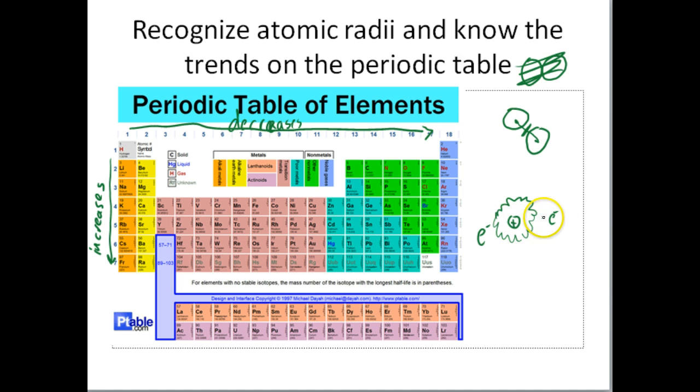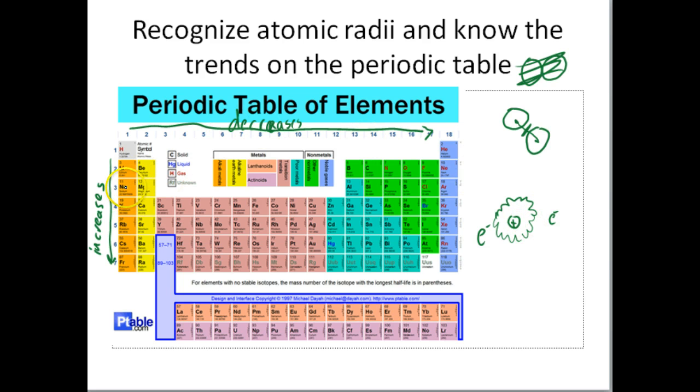So what's happening as you go across any given period is that each atom is gaining more of a positive charge. The positive charge in the nucleus is getting stronger, but you're not getting any more non-valence electrons to shield it.